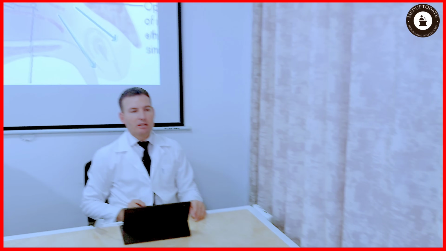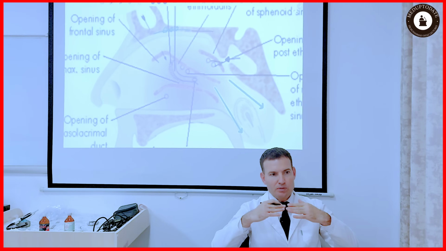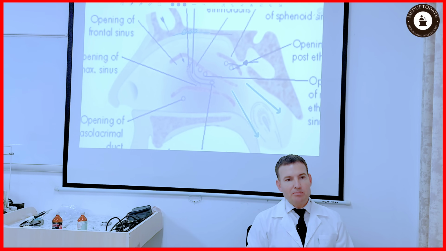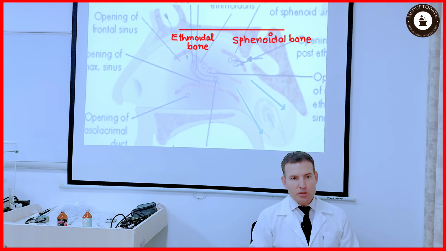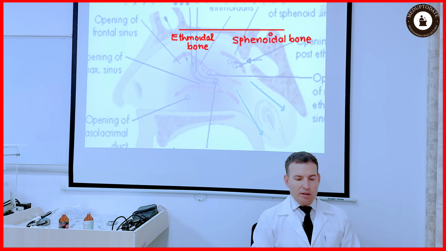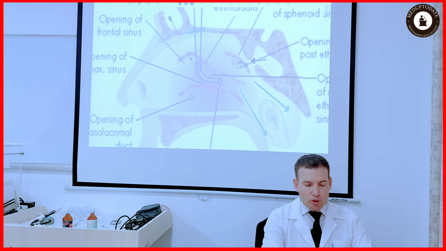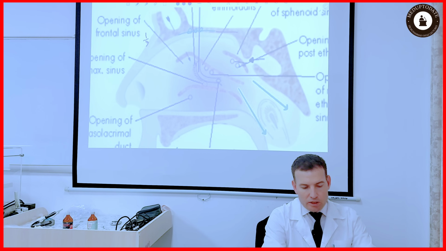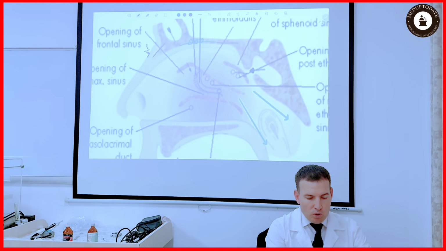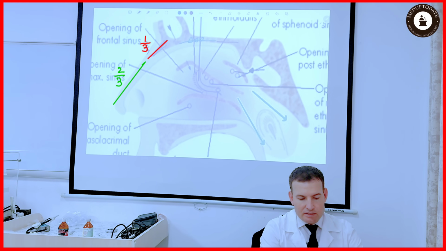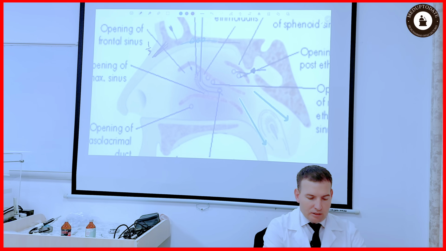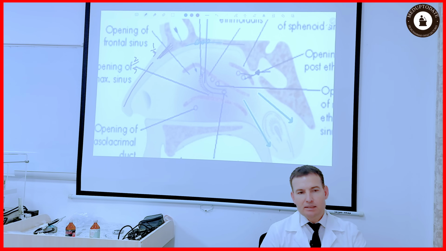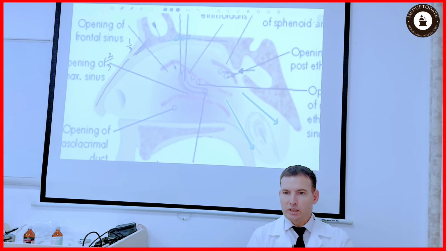So both share the roof formation, and the roof is formed mainly by the ethmoidal and sphenoidal bones. Now coming to the anterior portion, the upper one third is formed by the nasal bone, and the lower two thirds is formed by cartilage and adipose tissue, etc.